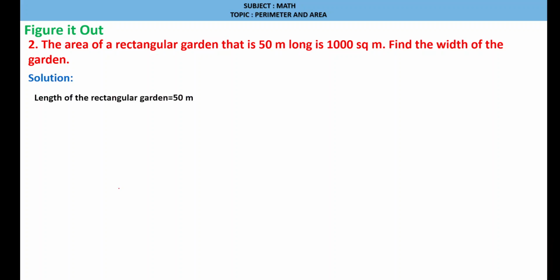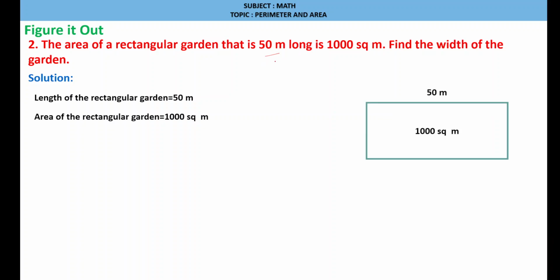So, the length of the rectangular garden is 50 meters. This is given, and the area of the rectangular garden is 1000 square meters. Therefore, the width of the garden is equal to area divided by length. 1000 square meters divided by 50 meters, nothing but 20 meters, is the width of the rectangular garden.